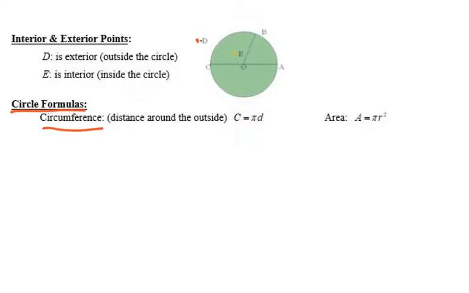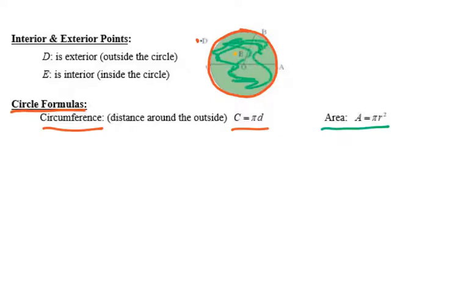And circumference is going to be kind of the perimeter of the circle, which is the distance around the circle. So circumference is equal to pi d. The area will represent our shaded portion. So this green shaded portion that we have here, the entire inside of the circle, that's going to be our area, which is area is equal to pi r squared.